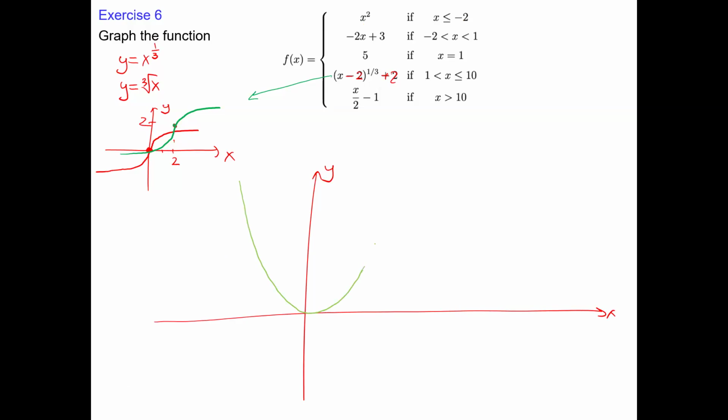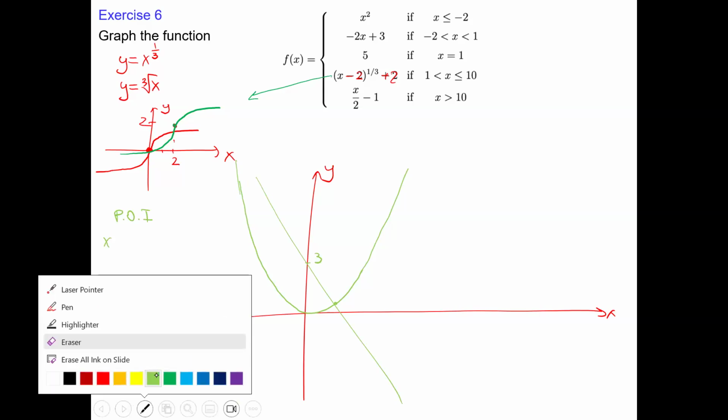Let me actually draw the parabola. Now, if we draw the line -2x plus 3, it has a negative slope, and the x-intercept is 3. Because what I want is the point of intersection.